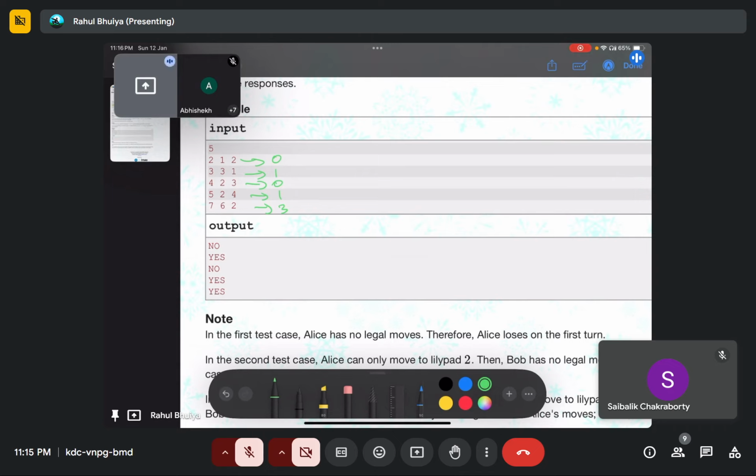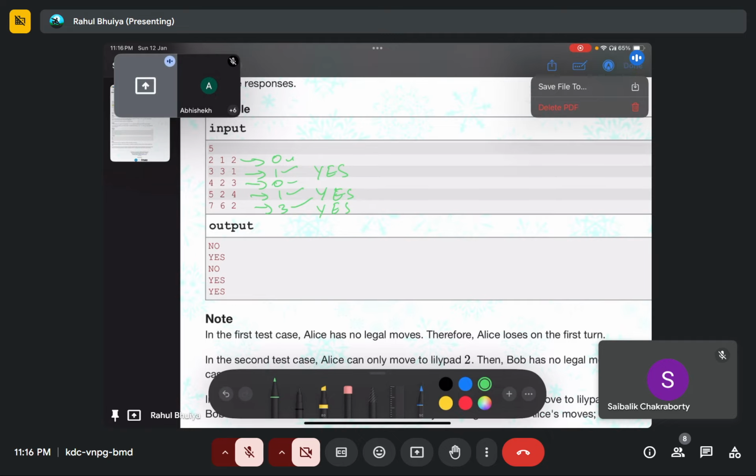So if the lily pad difference is odd, the answer will be yes, because eventually there will be a position where Bob will be at the leftmost corner or the rightmost corner, and Alice will just be beside him. Or if the number of lily pads between them is even, then Bob will surely win. Either Bob will win or Alice will win. So if Alice wins, then Bob loses. So this was the thing.